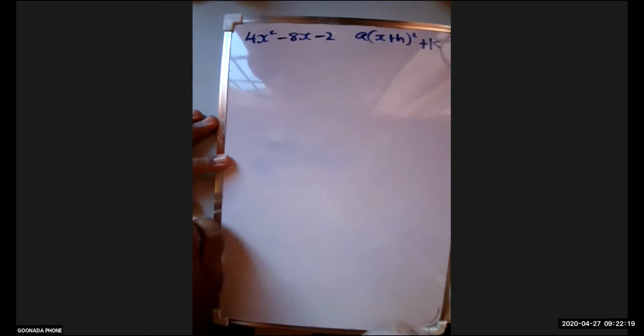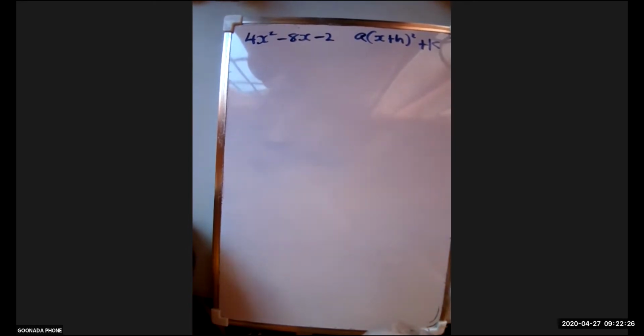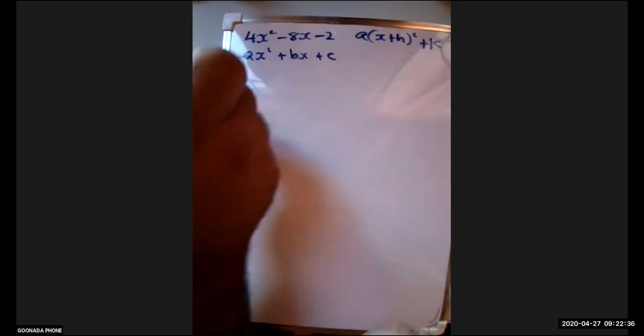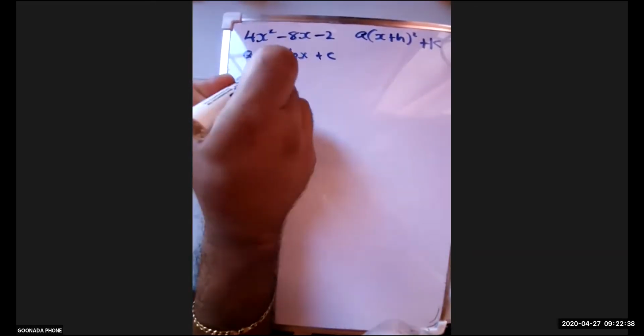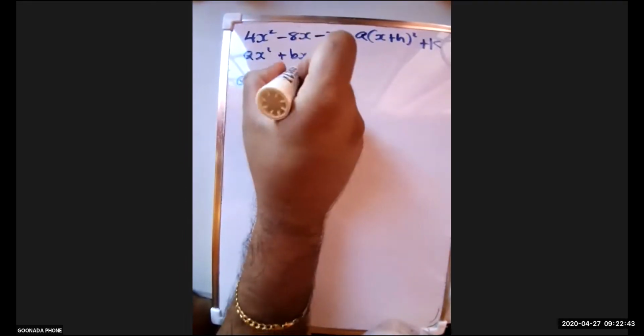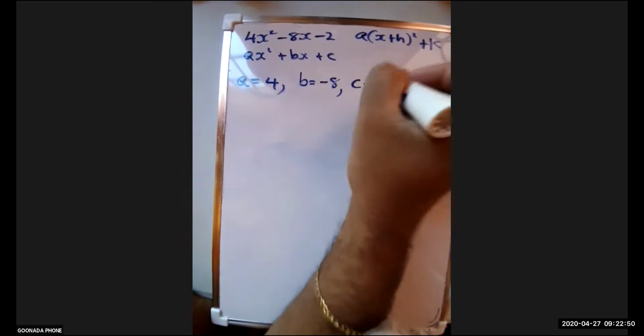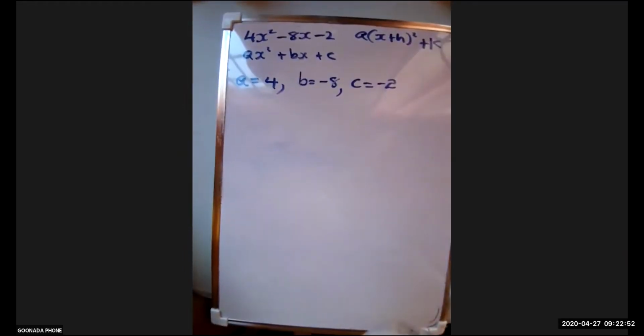The first thing you have to do is to determine the values of a, b, and c, okay? So remember, this is in the form ax squared plus bx plus c. So that means the value of a is 4, right? The value of b is -8, and the value of c is -2. Okay, people?